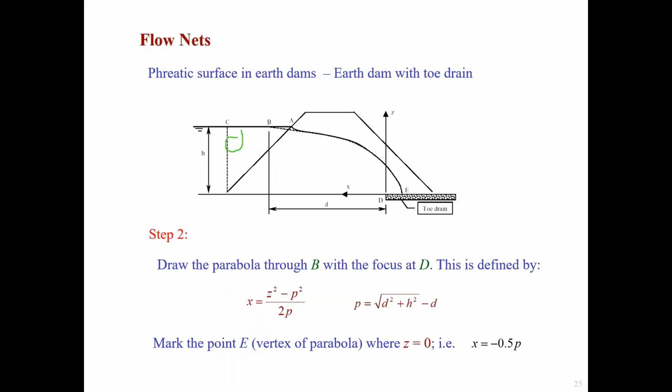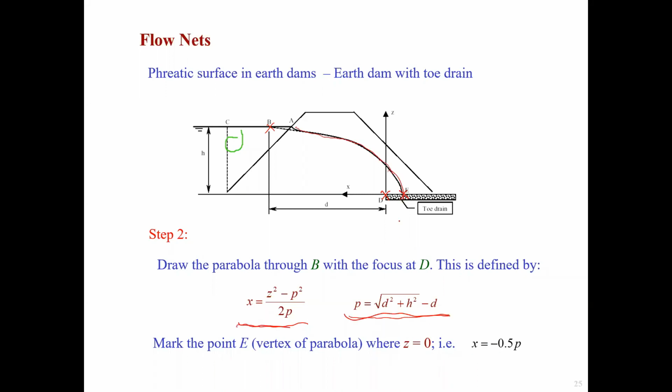And then next, we can draw a parabola through this point B with the focus at the point D. So this is the focus of the parabola. This is defined by x equals (z squared minus p squared) divided by 2p, and p equals the square root of d squared plus h squared, minus d.